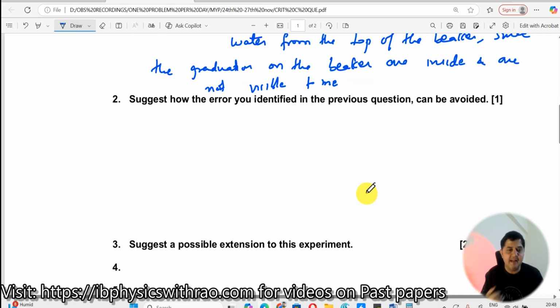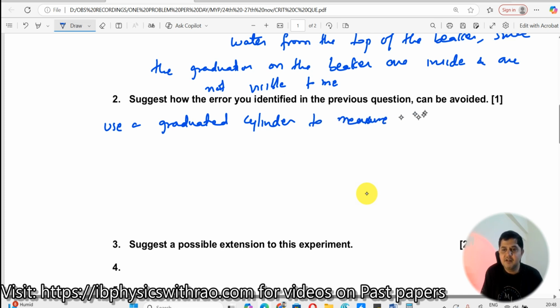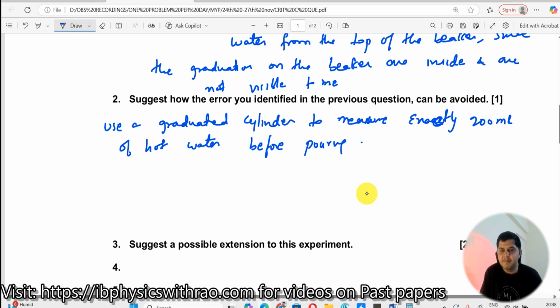Okay, so what you can do is you can use a graduated cylinder to measure exactly 200 ml of hot water before pouring into the insulated beaker.